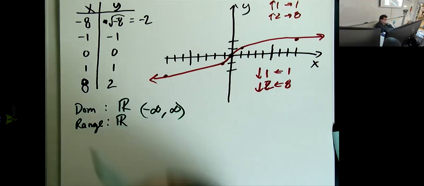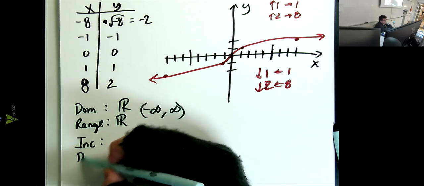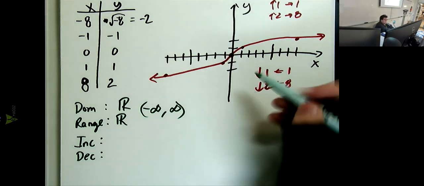What regions is it increasing and decreasing on? It's definitely increasing from 0 to infinity.